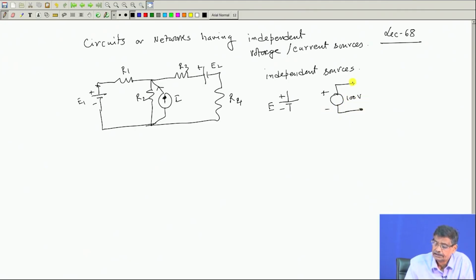These are the representations of independent sources, and there may be AC voltages. Now, the question is, what are then dependent sources?